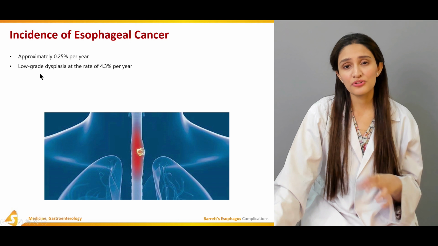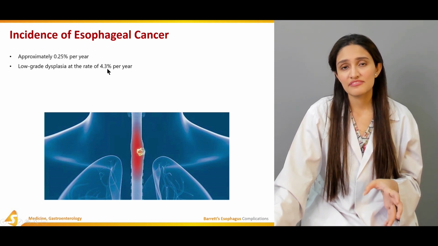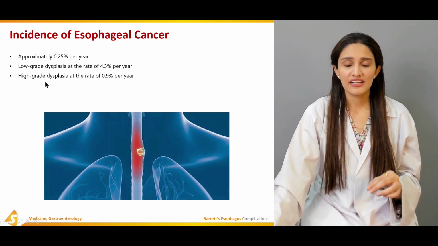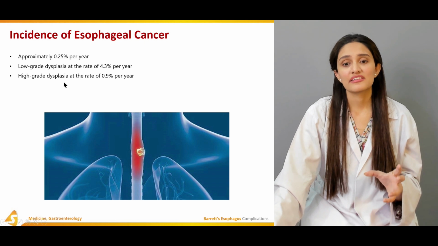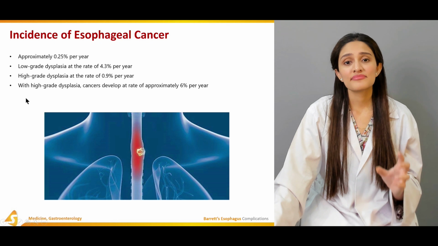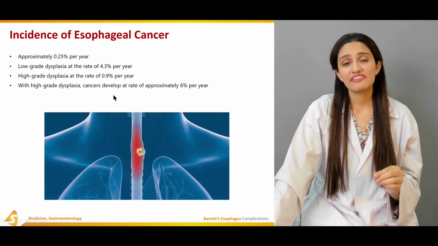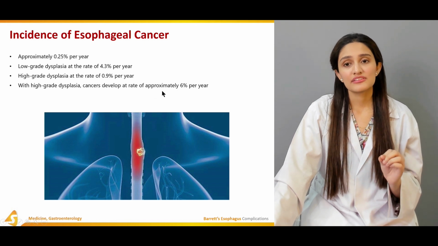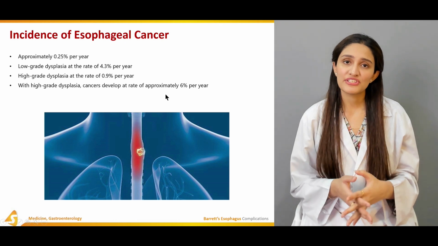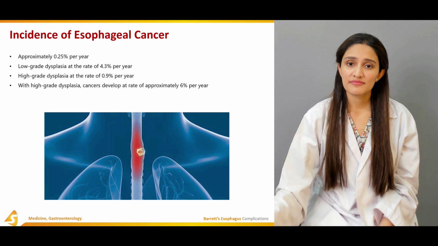Patients with low-grade dysplasia are at the rate of 4.3% per year, like I've mentioned before, and patients with high-grade dysplasia develop adenocarcinoma at the rate of approximately 6% per year. They're the most prone patients to develop adenocarcinoma within the esophagus.